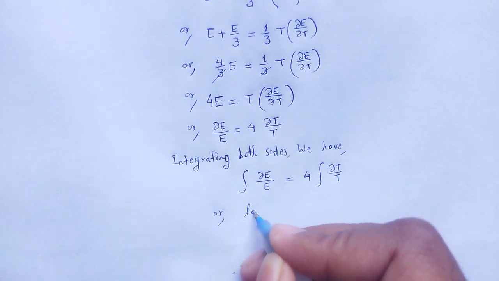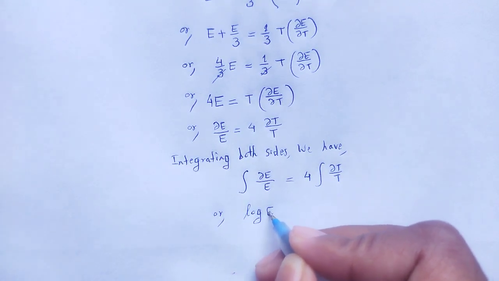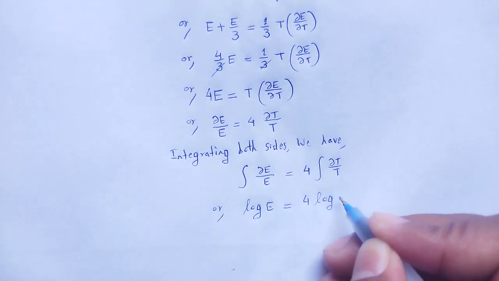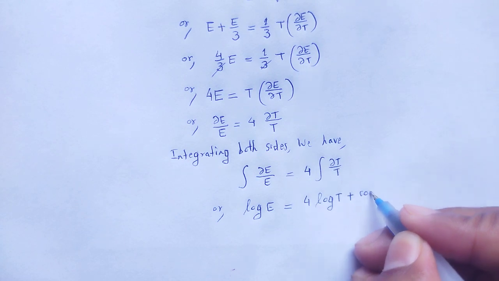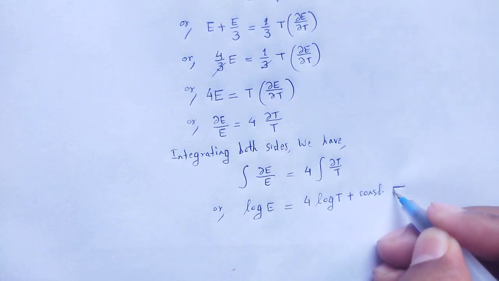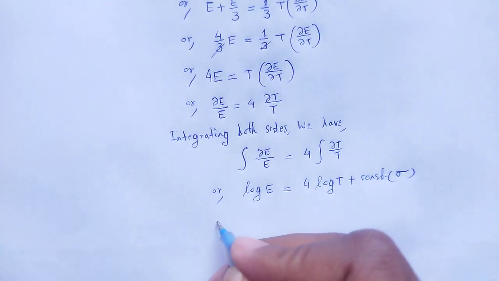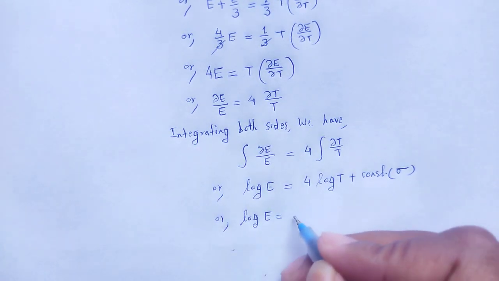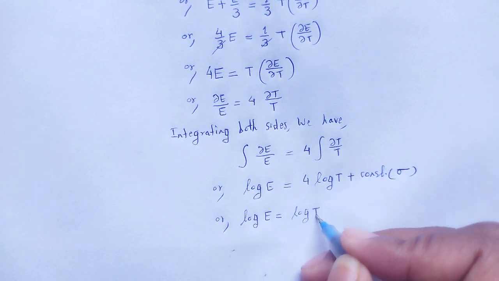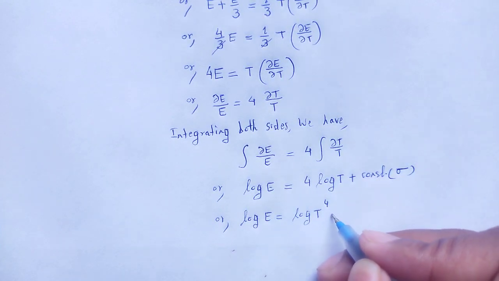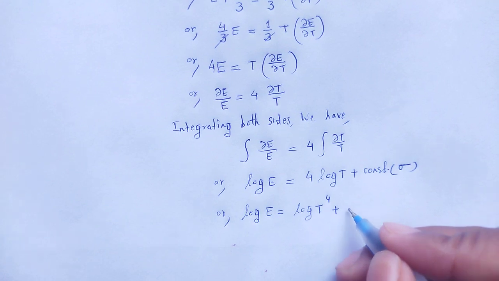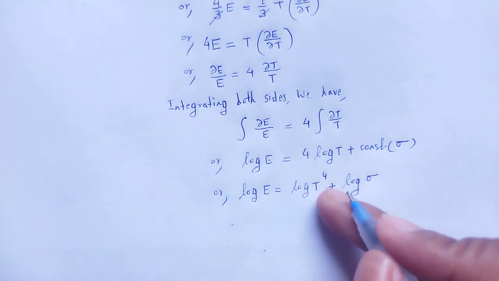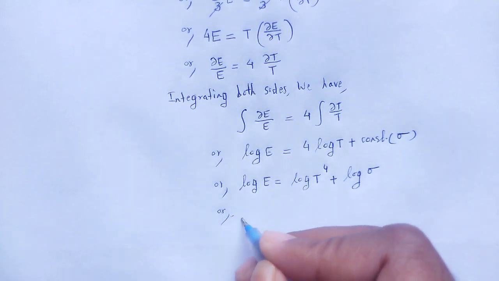Its integration gives log E, which is equal to 4 log T plus a constant, let that constant be sigma, or log E is equal to log T to the power 4 plus that constant, which we can write as log sigma, since log A plus log B is equal to log AB.